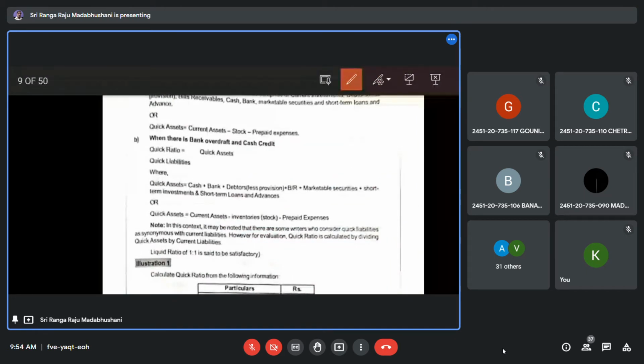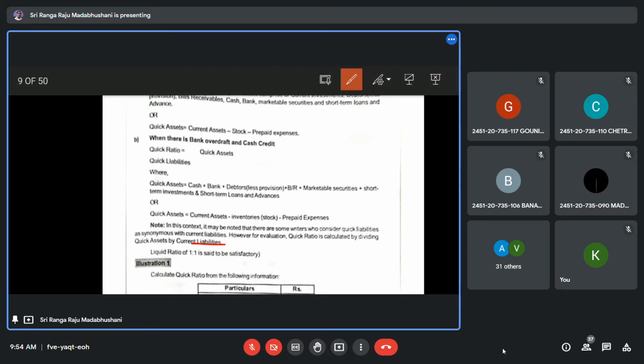It may be noted that there are some writers who consider quick liability as synonymous with current liability. So some authors consider it the same as current liability.